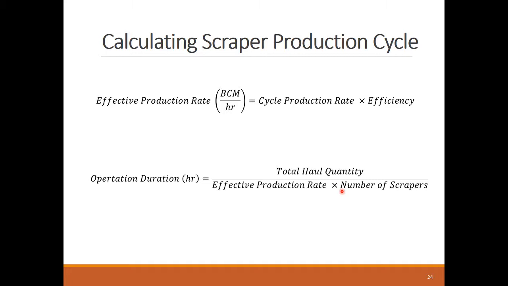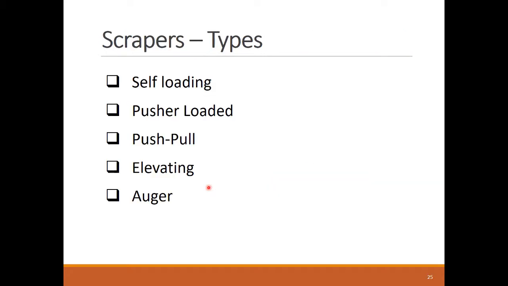This effective production rate can be used to estimate the operation duration by knowing the total hauled quantity of soil and determining the number of scrapers. The cycle time calculations we learned so far apply to self-loading scrapers. Let's see the other 4 types and variations of the scrapers we covered before.